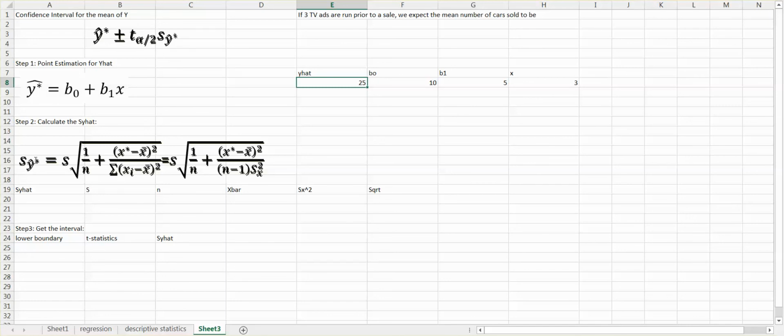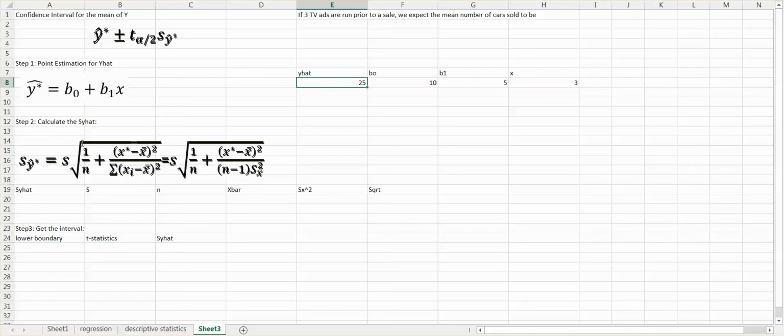If you look at the textbook and slides, you will know the formula to calculate sy: it is equal to the standard error times the square root of 1 over n plus the x value, which here is 3, minus the mean of x, squared, divided by the sum of all xi minus x bar, squared.